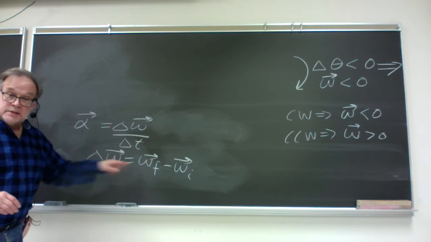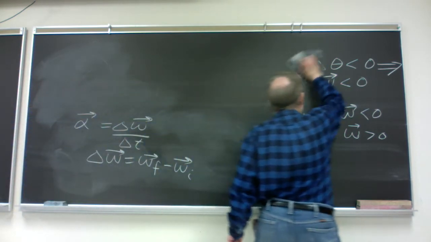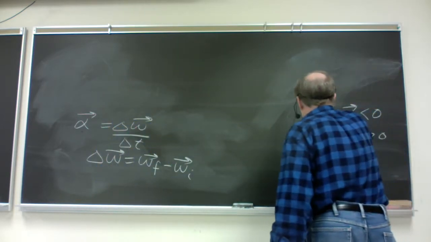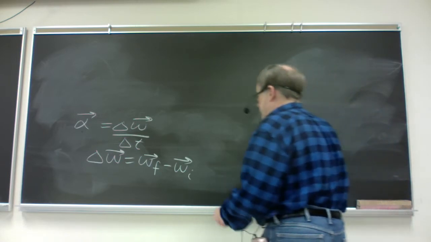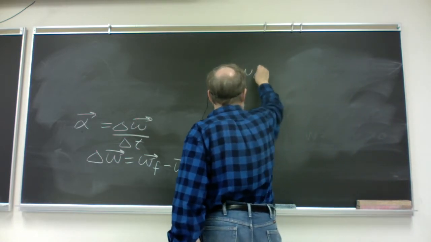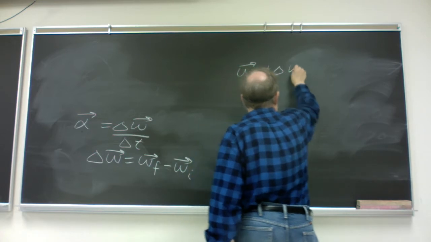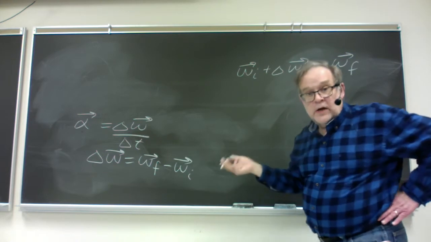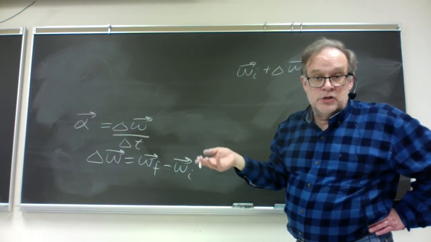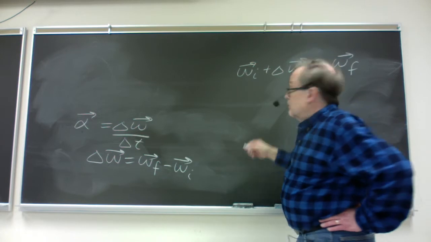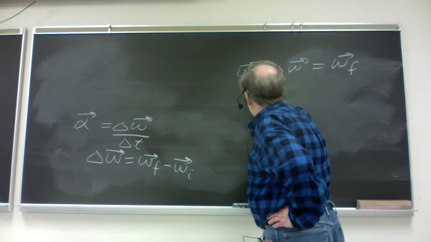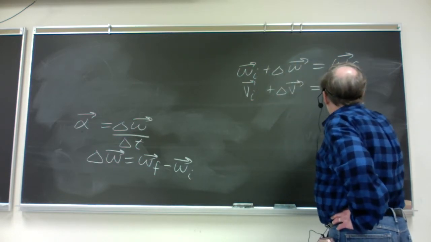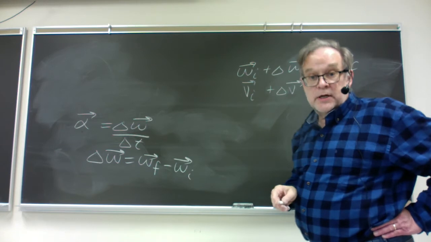And I can rewrite that as initial angular velocity plus change in angular velocity equals final angular velocity. In just the same way that we said an ordinary meters per second velocity plus a change in velocity equals a final meters per second velocity.